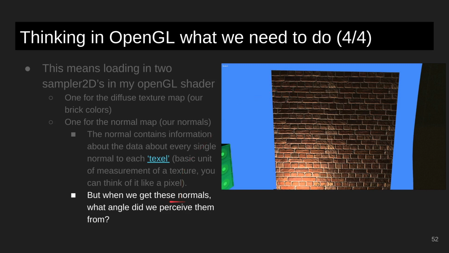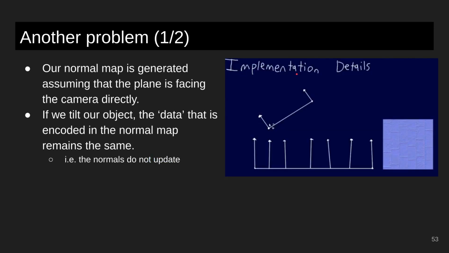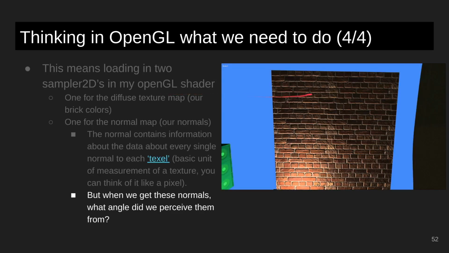But when we get these normals, there's one issue here. What if I rotate this object? How do I update the individual normals on a per pixel level? Here's another illustration of the problem: our normal map is generated assuming that the plane is facing the camera directly.